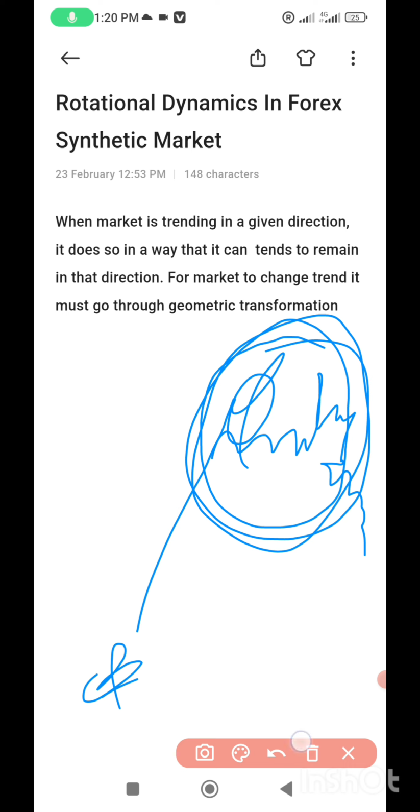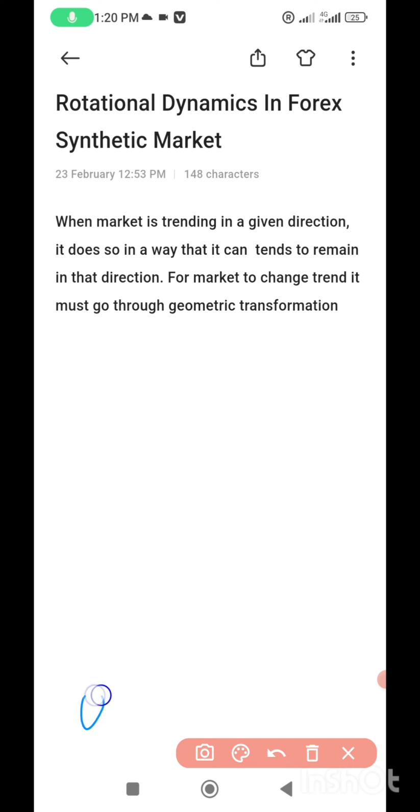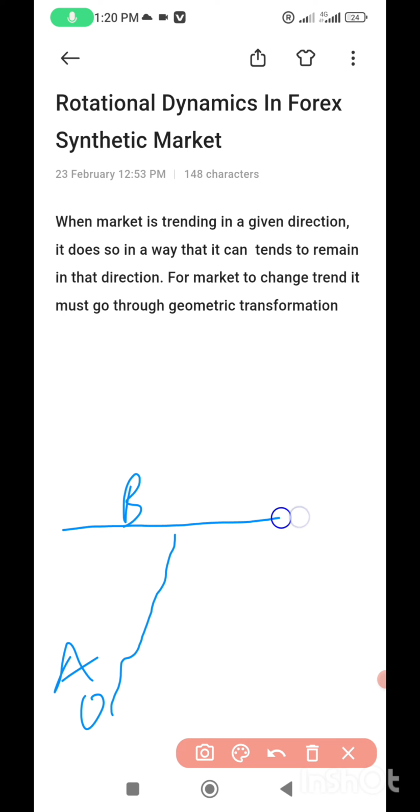Now if the market is moving from point A and reaches point B, let's assume that within this level there were previous structures like resistance, where price went up and came down. That doesn't mean that as price approaches here it will go down.